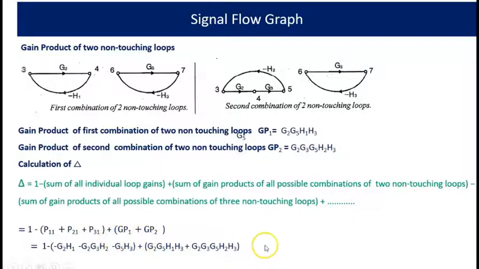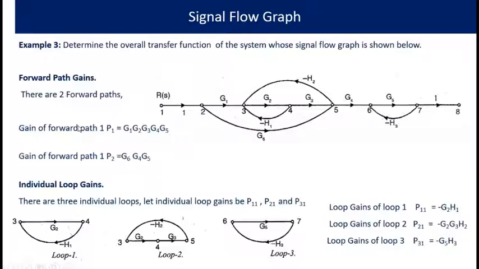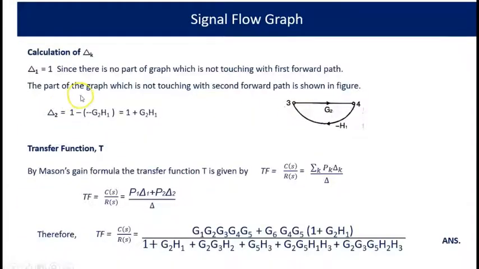So delta is equal to this much, and delta 1 is equal to 1 because all the loops are touching in the first forward path. In the second forward path, one loop is not touching, that is G2 minus H1. Therefore delta 2 is equal to 1 minus G2 minus H1, or 1 plus G2 H1.